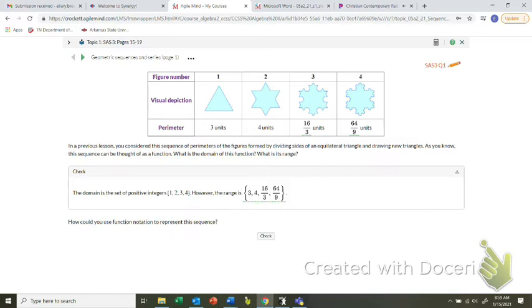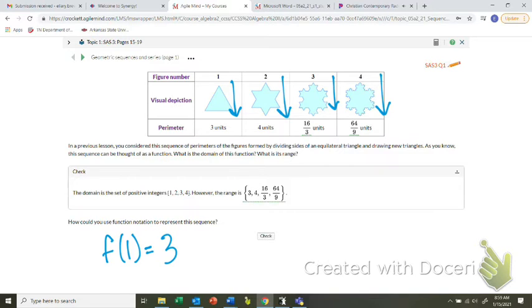So f of 1 equals what? 3. It equals 3. Tells us right here. What does f of 2 equal? 4. F of 3? 16 over 3. And f of 4 will be 64 over 9.